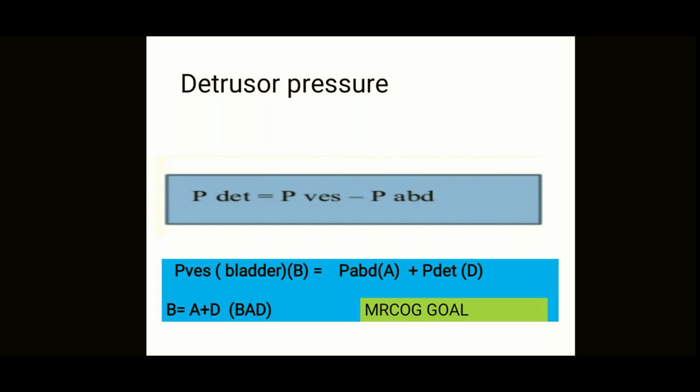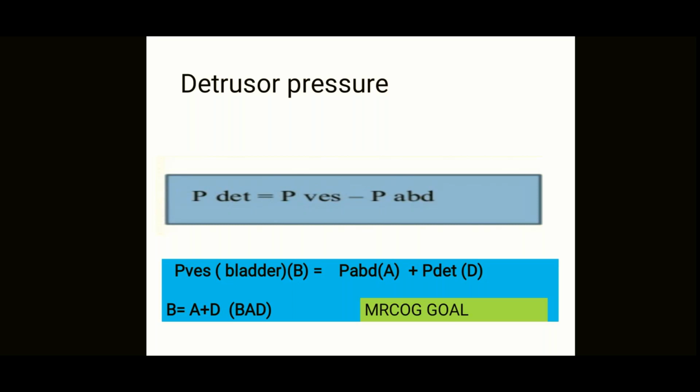Whenever they ask about the detrusor pressure, of course, A will go on the left hand side, and then it will be bladder minus the abdominal pressure. If you want to find out the pressure of the abdomen, then it is the pressure of the bladder minus the pressure of the detrusor.